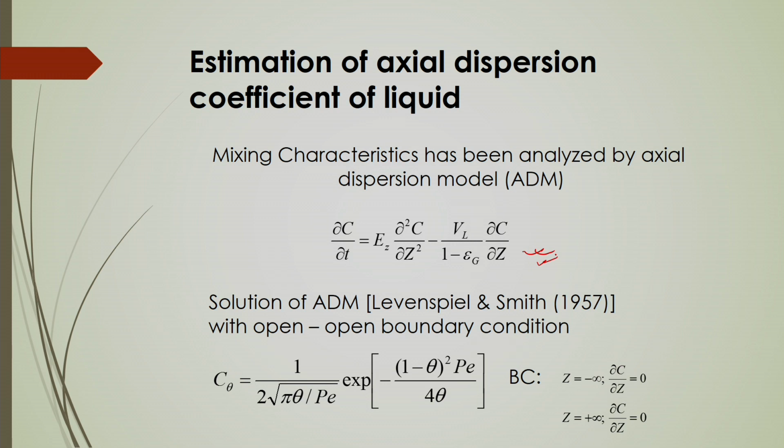Now, what is C here? C is actually the concentration of the tracer. Suppose in your column you insert some tracer like a non-reacting chemical compound, like in an air water system, if you add some sodium chloride solution like 10% of the total volume you supply, you will see with respect to time the concentration of that tracer will be changing inside the column, and you can analyze that just by taking a sample and analyzing its tracer concentration by an instrument like a conductivity meter.